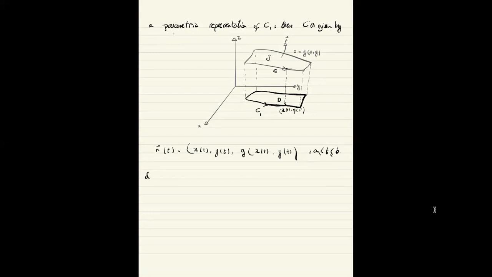So what is this? The integral of F dot dr will be the integral from a to b of P x'(t) plus Q y'(t) plus R times g(x(t), y(t)) prime dt. Make sure that you understand the steps here.